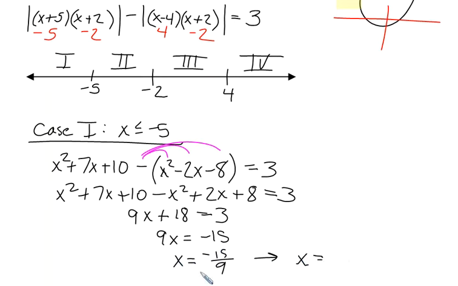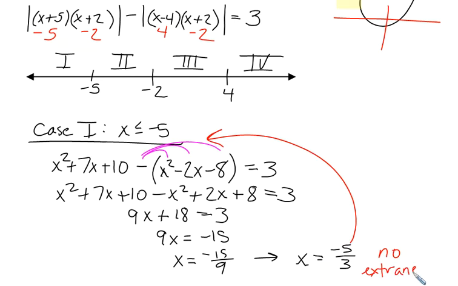Top and bottom divisible by 3. x is going to be -5 thirds. Always make sure you compare it back to the case. -5 thirds is not less than or equal to -5. This would be an extraneous solution, so it would not be part of our overall final answer.